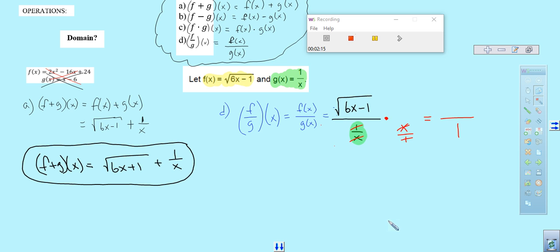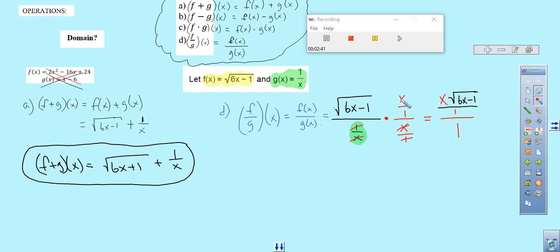All right, so we go to the top. Whatever we do to the bottom, we have to do to the top. So we multiply the top times x over 1. No big deal, we rewrite that. That becomes x times the square root of 6x minus 1 over 1.